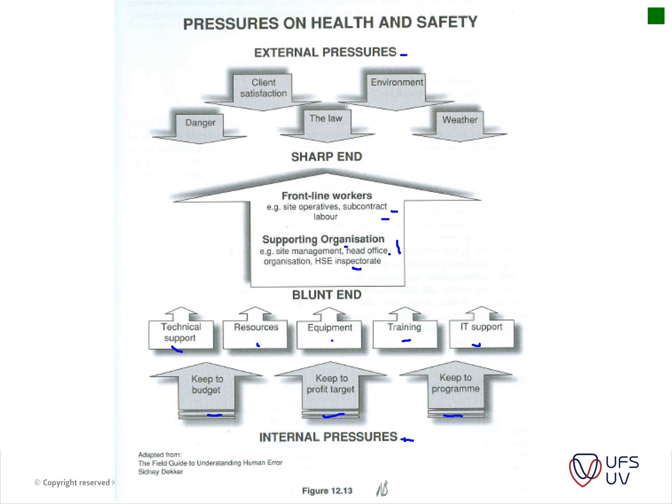Then you've got your external pressures, which is your client satisfaction. For instance, time. Does he want to have everything in time? The quality. Does he want that little nip that was painted incorrectly on the 6th floor to be painted again?